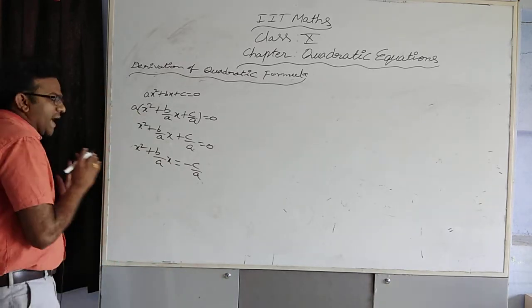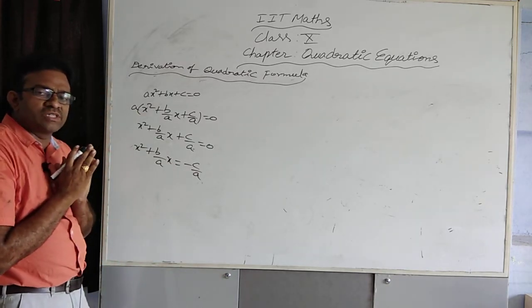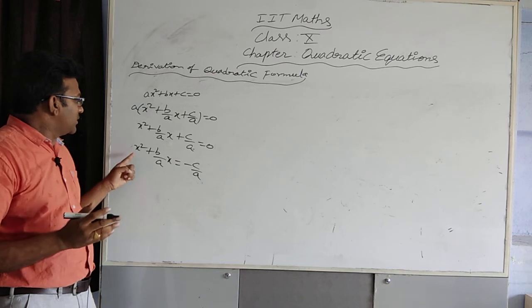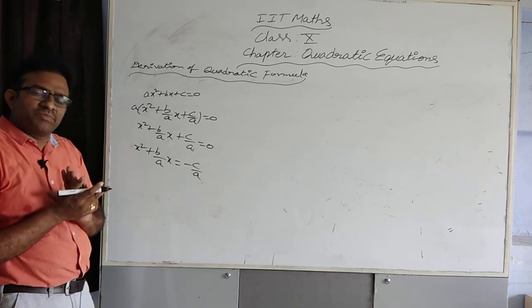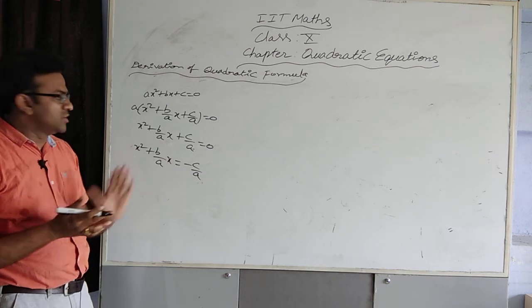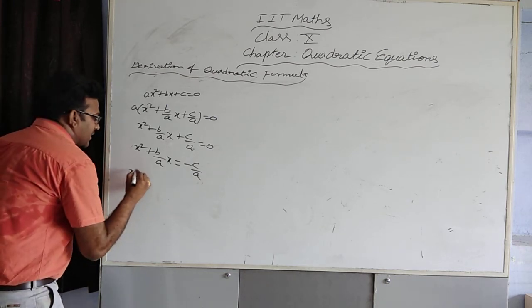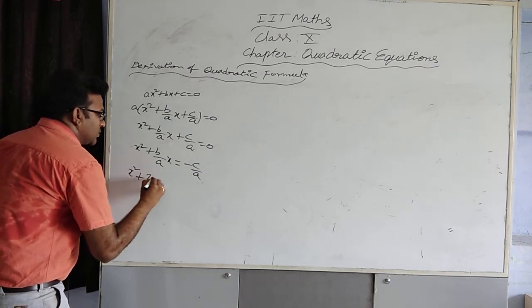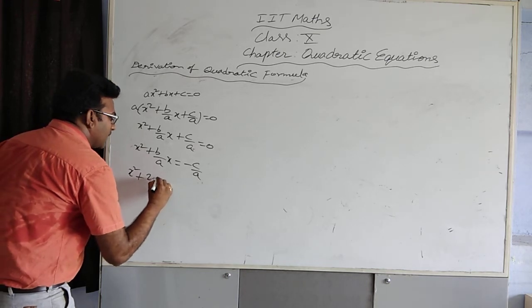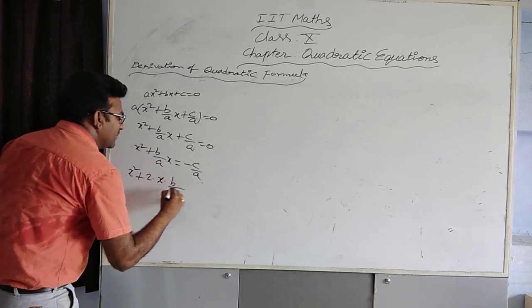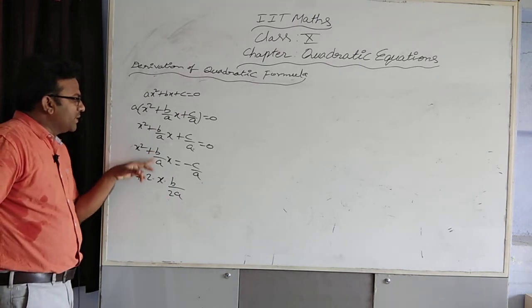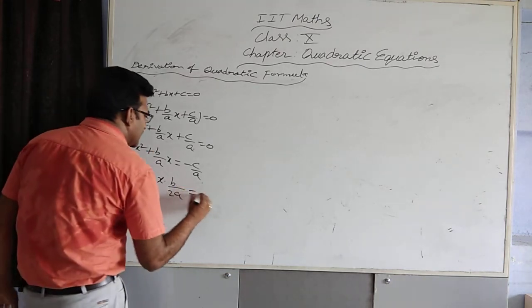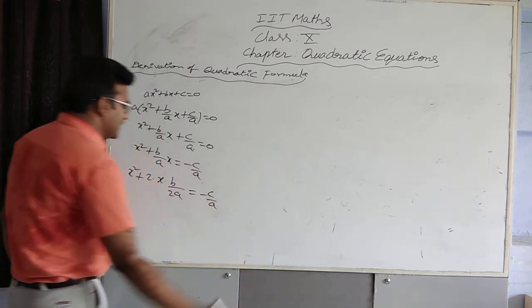Now I am going to apply the a plus b whole square formula. In the place of a we have x, and in the place of b we are going to substitute something. So first I take this as x square plus 2 into x into b by 2a. If I cancel 2, I get b by a into x, that is equal to minus c by a.